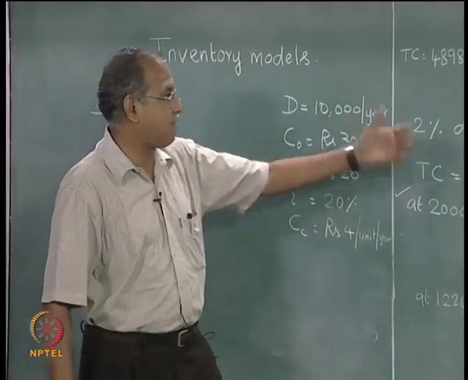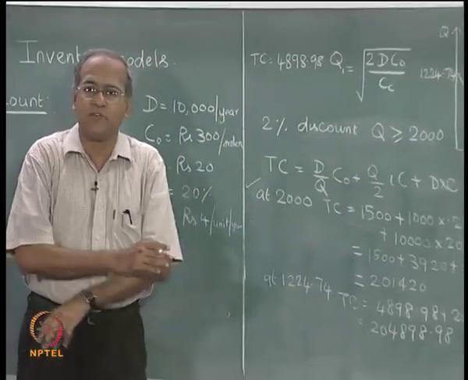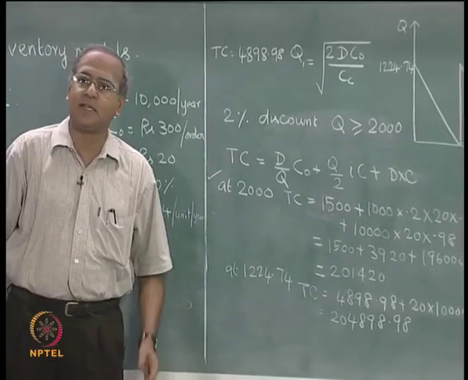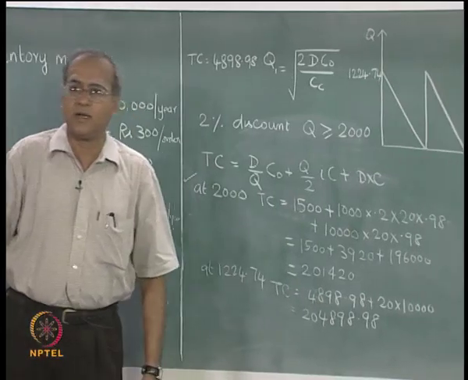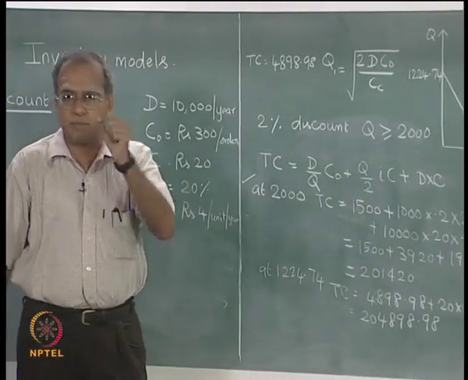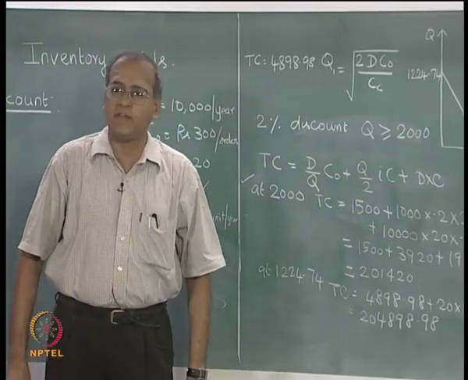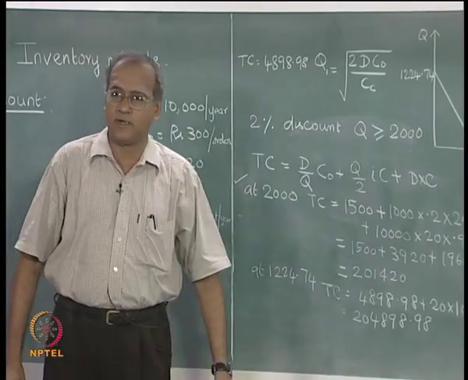So, the price break point is 2000, and therefore, we need not evaluate it at 2001 or 2 or 3000 or any value greater than that price break point to avail that discount quantity.